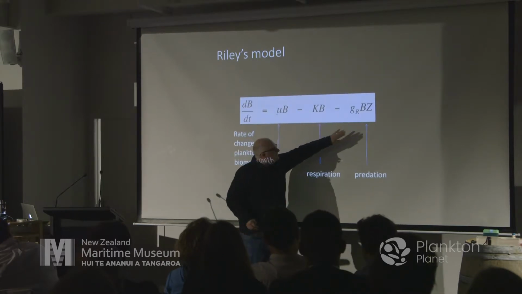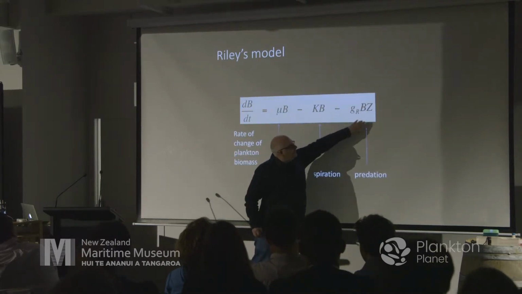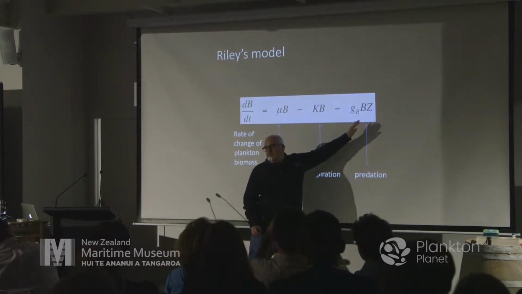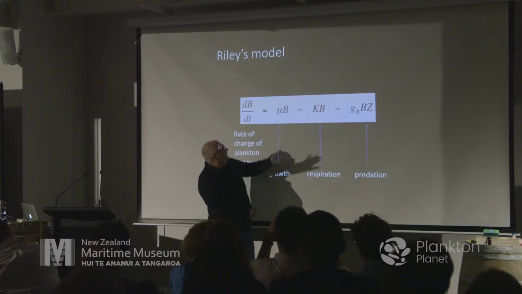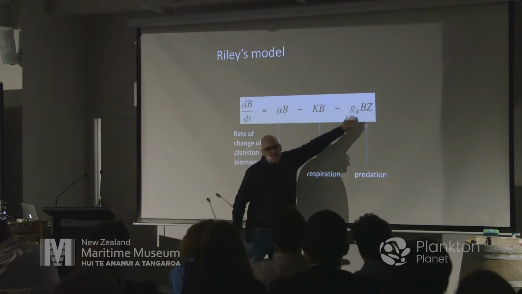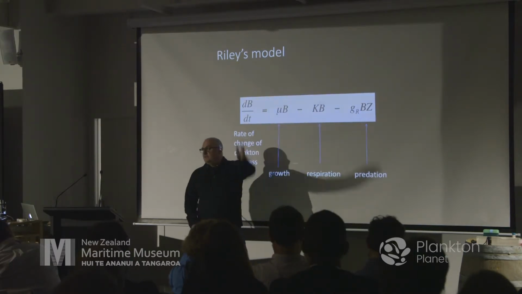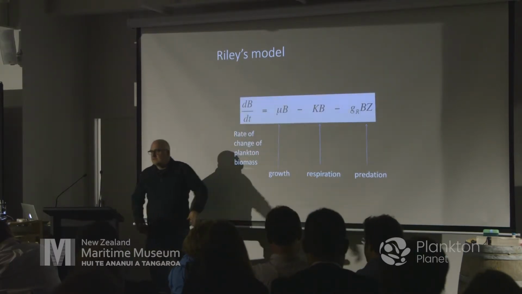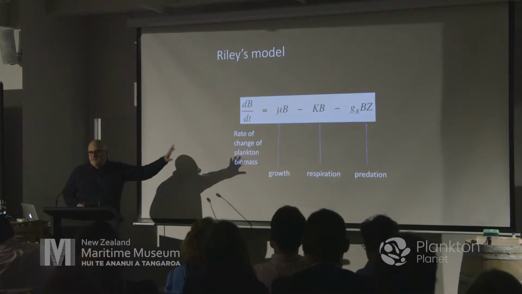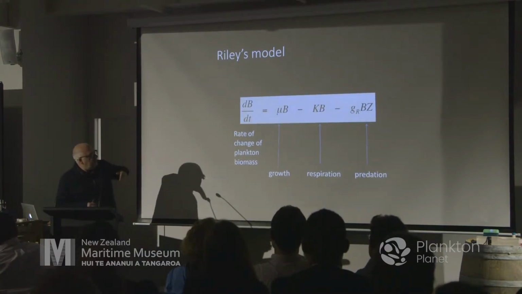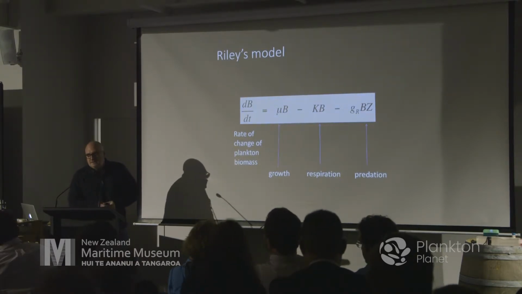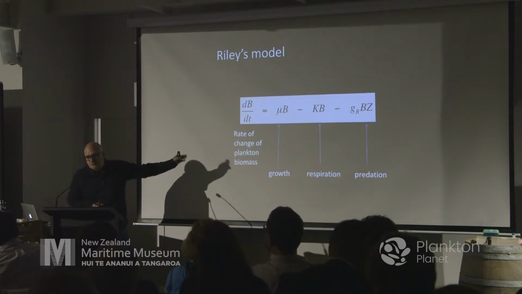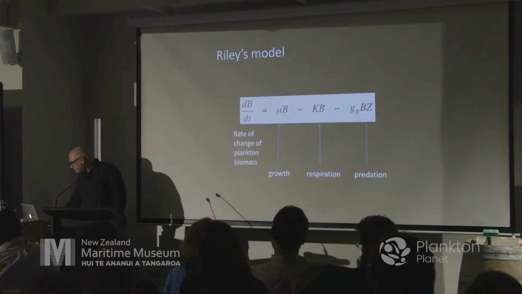And death processes. If there's lots of creatures around that would like to eat them, then they will reduce the population. And so if growth is faster than loss, the population grows, and vice versa. And you can write that down mathematically, and you can solve that equation to predict how the population will relate to the environment that controls growth and loss.